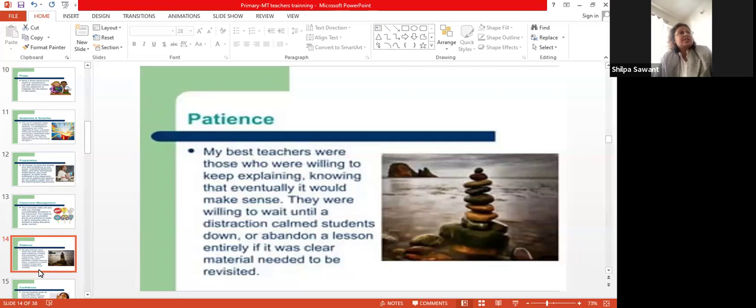Patience is the art of waiting, because you know that your main motive is to make the students well aware and understand, and that they know the main objective of that particular lesson. So that is why, my dear teachers, patience is the key to be the best teacher.